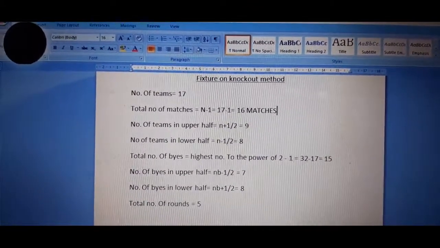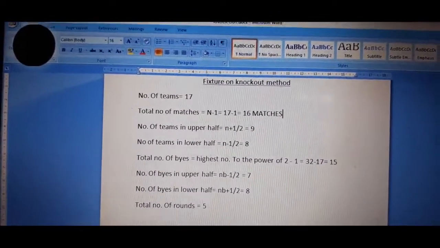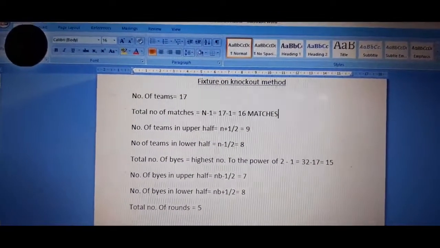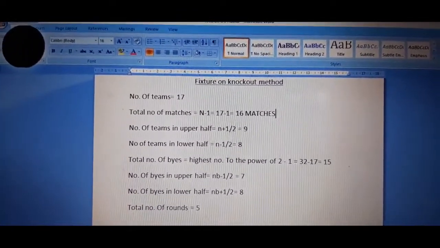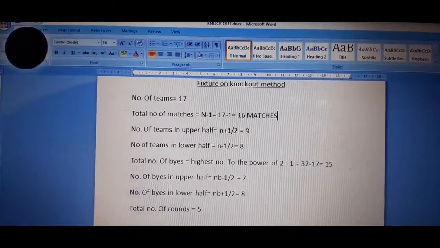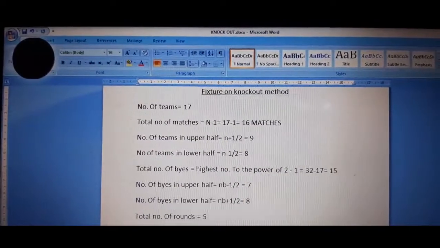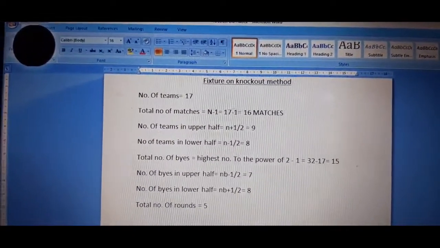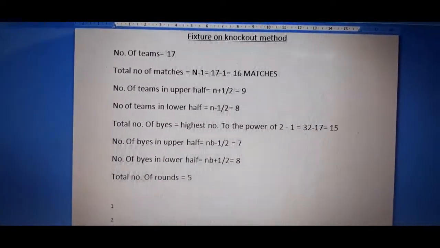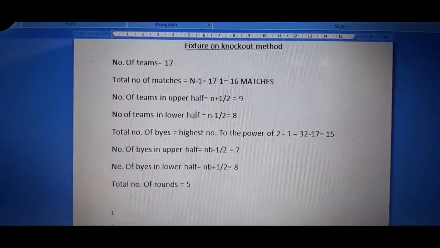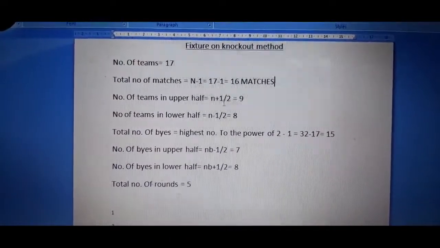Next, out of 17, how many teams are going to be in the upper half and lower half? You have to have 2 halves. Unless you have those halves, you are not going to make a fixture. The number of teams in the upper half, the formula says, is n plus 1 upon 2.